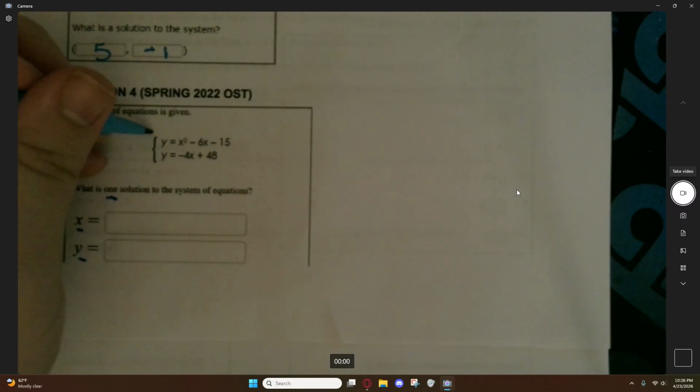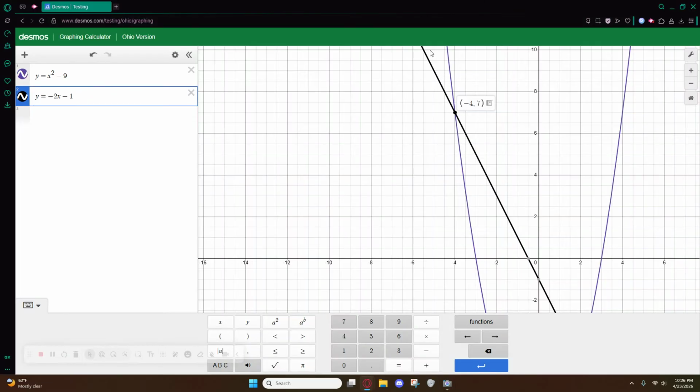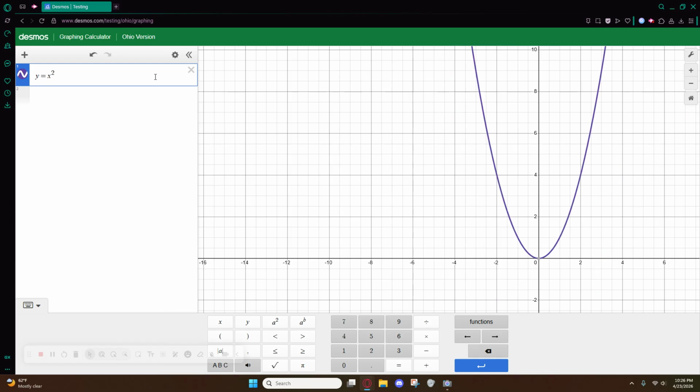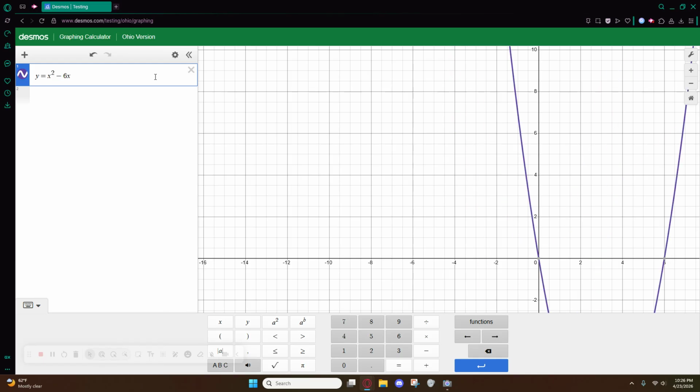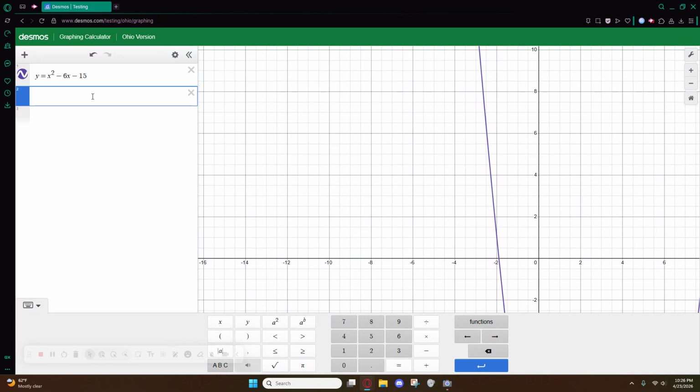So we're going to do what we always do. We're going to put it in the Desmos. Y equals x squared minus 6x. Y equals x squared minus 6x minus 15. And then y equals negative 4x plus 48.